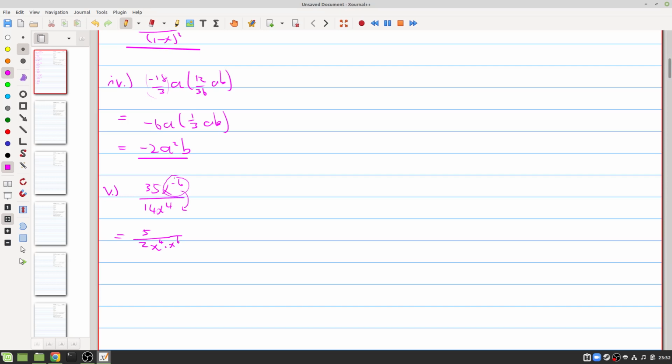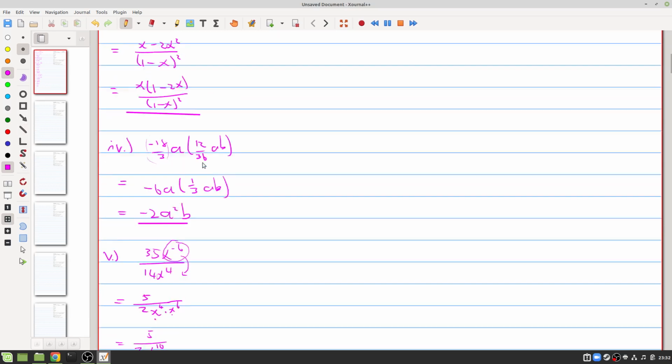So you just change the sign of the exponent if you take it to the other side of the fraction line. And then we want to remember from school, if our bases are the same, so both of them are x's, and we're multiplying them, then we add the exponents. So the exponents are 4 and 6, we add them, we get 10. And that's our answer. That's it.